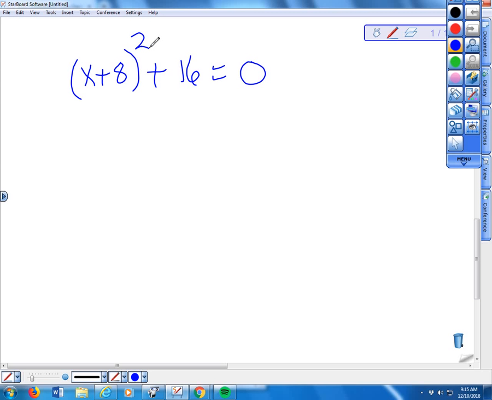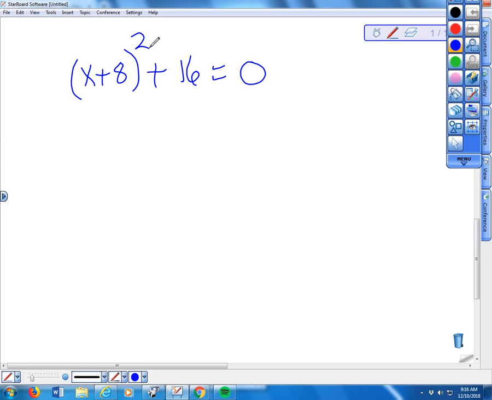In the section before complex numbers, we learned if it's already factored for us, the easiest way to solve is to just get this factored form by itself, right? And then take the square root of both sides, and then get the x by itself. Remember that? I need to do a quick problem there to refresh you.